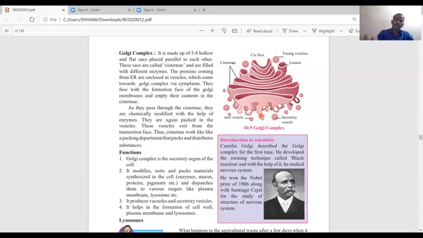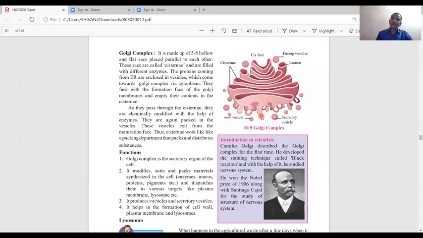The Golgi complex is mainly composed of flat sacs placed parallel to each other, and all such flat sacs are known as cisternae, and they are fully filled with enzymes.